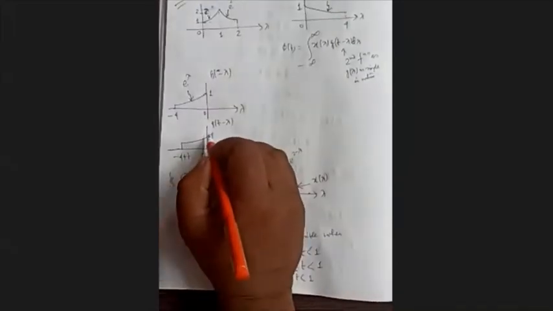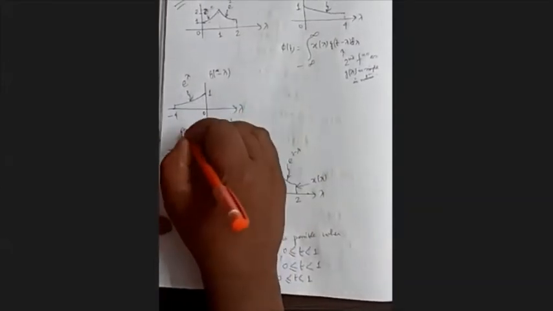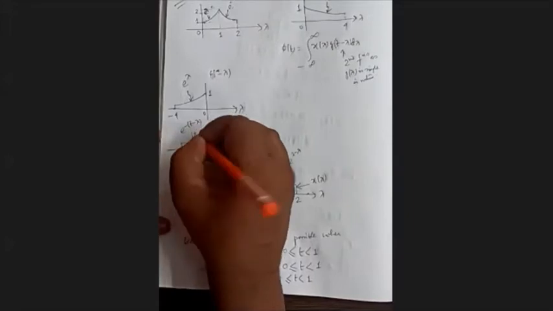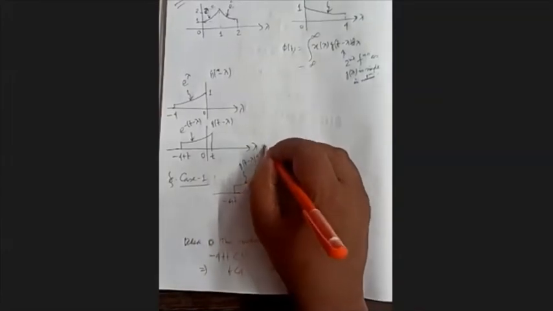Now, once we know this, what is the point here? Better we identify that one also. It will be e to the power minus (t minus lambda). So this particular point will be there.